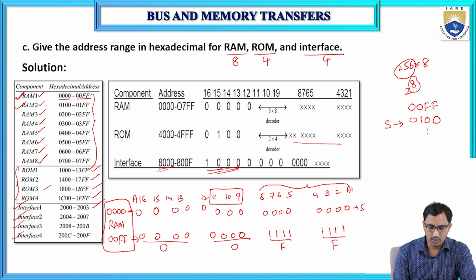So here it will be 8, because for the interface the 15th and 16th bits will be 10. So it is 8. Okay. So for interface 4, the address range will be 800C to 800F.